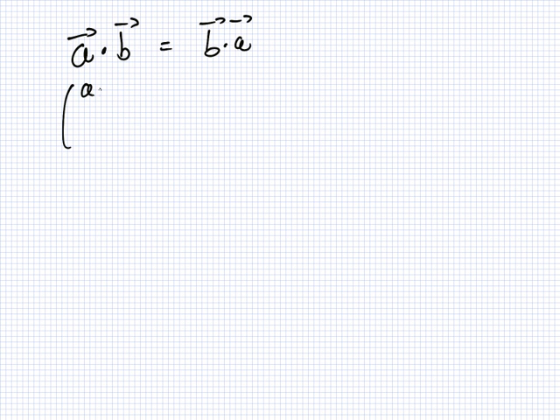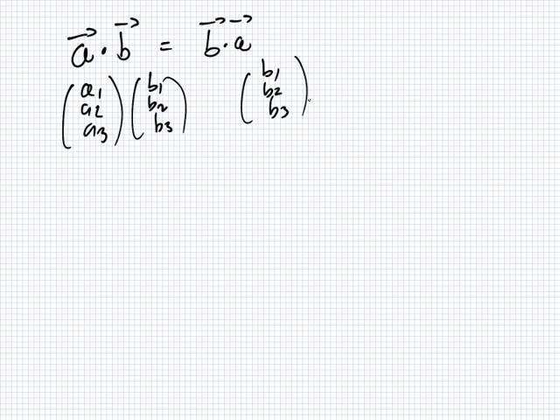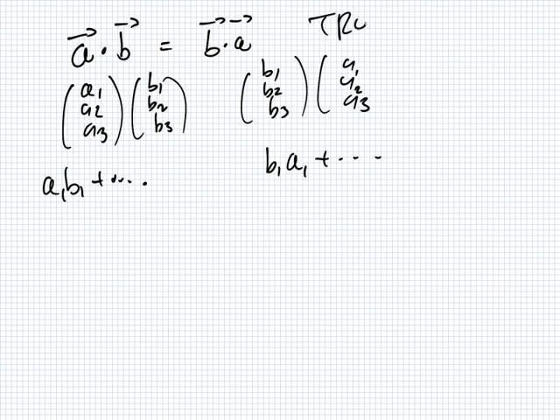If we call A, A1, A2, A3, and B, B1, B2, B3, when you dot them, you get A1B1 plus and so on. And here you'll get B1A1 plus and so on. So, clearly this is true.